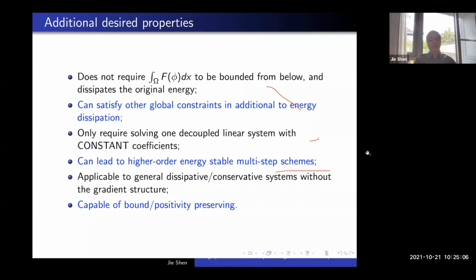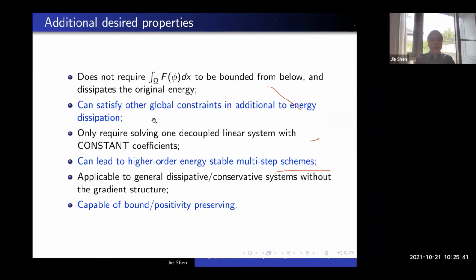Okay, so that is the original SAV, and now what do we really need? What additional properties would we like to have? You see, for the original SAV, we need this to be bounded from below, and this may not be possible sometimes.